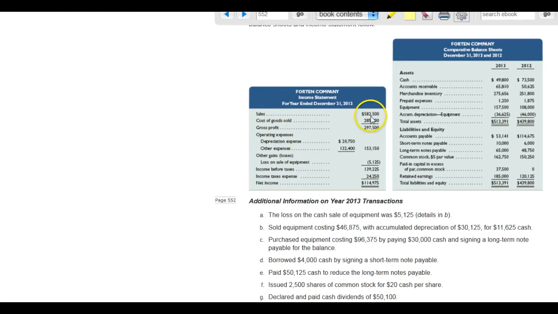Net sales, we have $582,000, that's in the income statement, plus the change in accounts receivable. Accounts receivable looks like it went up from $50,000 the beginning of the year to $65,000 at the end of the year. So we have an increase of approximately $15,000.